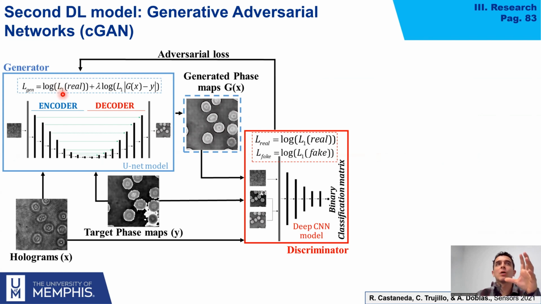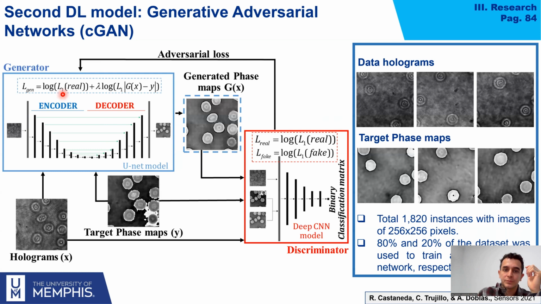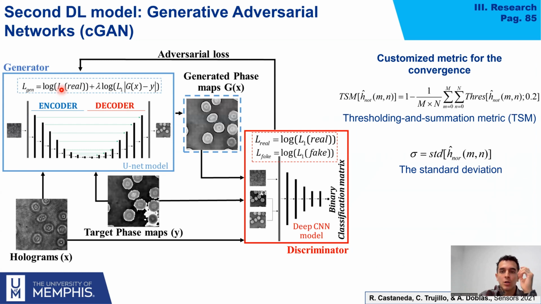The generator has the task of creating phase images using a U-Net model inside the generator, and the discriminator has the task of saying whether the image created by the generator is fake or not. In this case, we use 1,800 holograms, and again, we split 80% for training and 20% for validation.